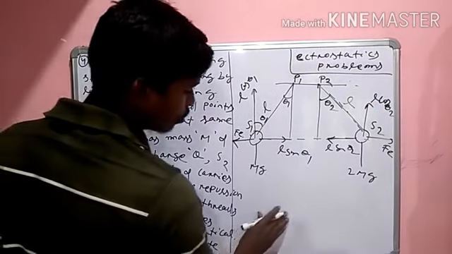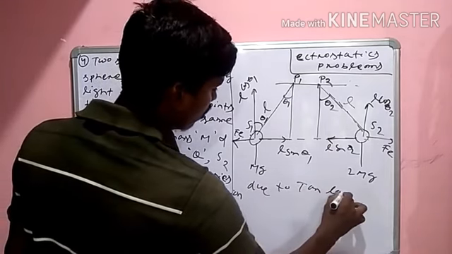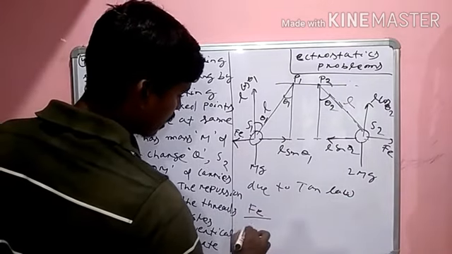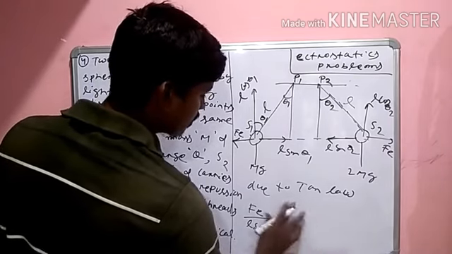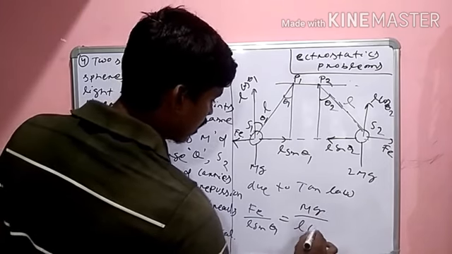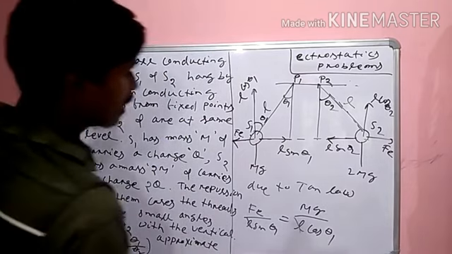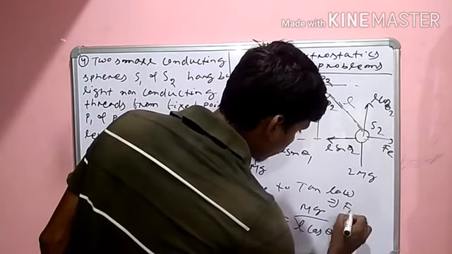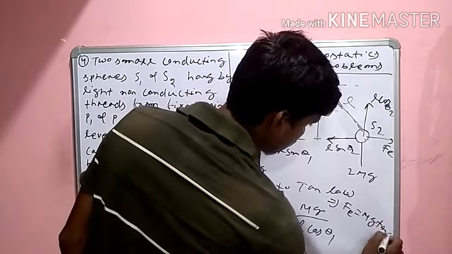Due to the tan law, we can write F by L sin theta 1 is equal to mg by L cos theta 1. So we can write F is equal to mg tan theta 1.